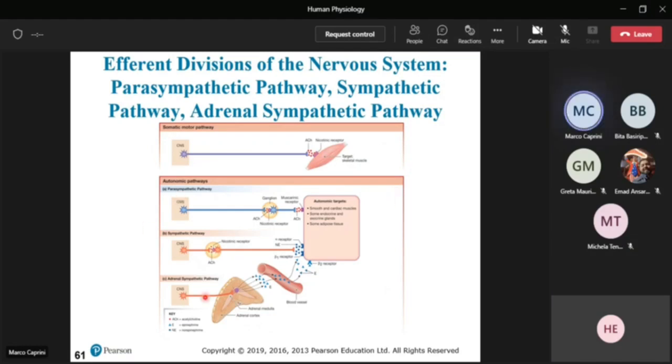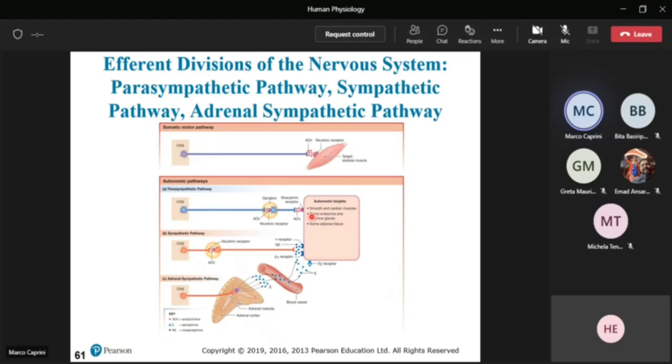What about the autonomic pathway? The pathway that connects the sympathetic and parasympathetic nervous system to the target cells that are smooth muscle cells, but also cardiac muscle cells, some endocrine and exocrine glands, adipose tissues. All of them are autonomic targets.